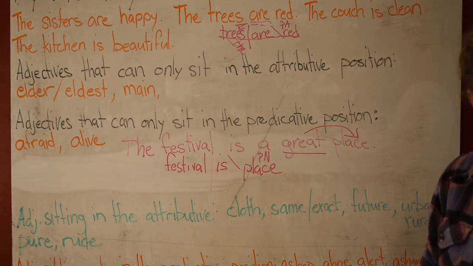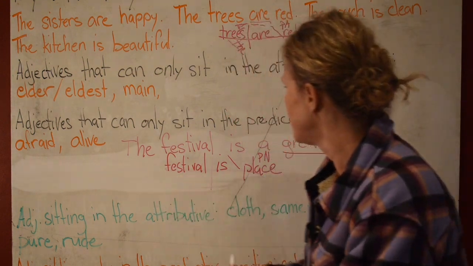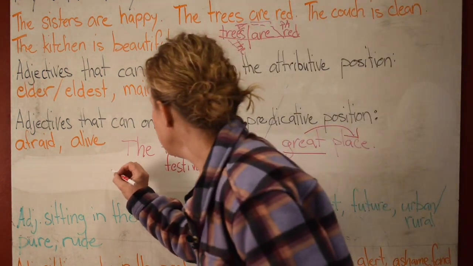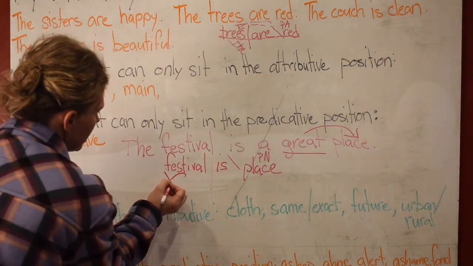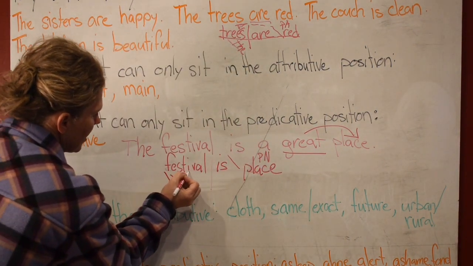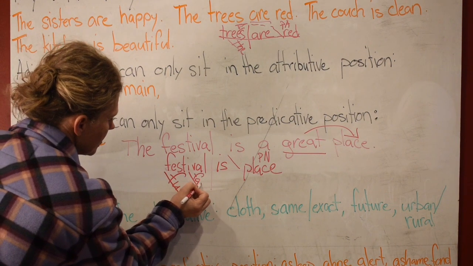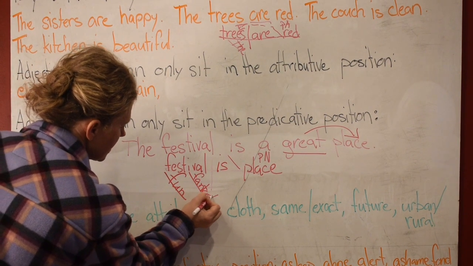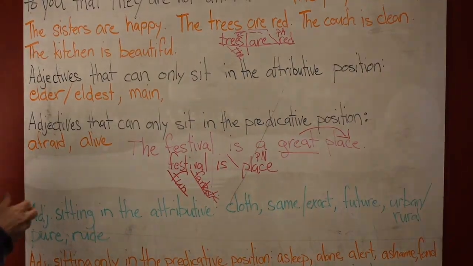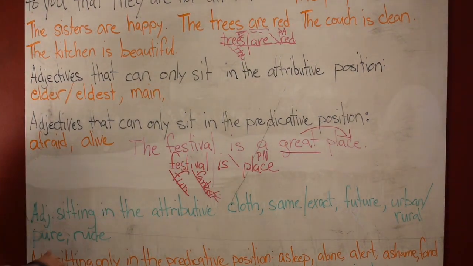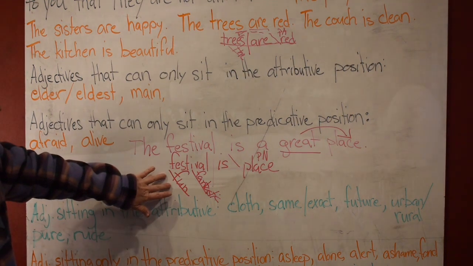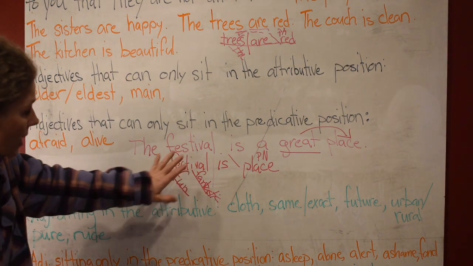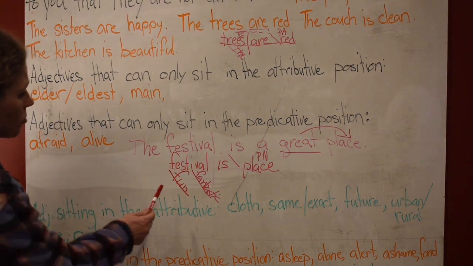Also, what's kind of fun, so we can have the fun, fantastic festival. That is something that can really add a lot to your paper that you're writing or whatever you're writing.